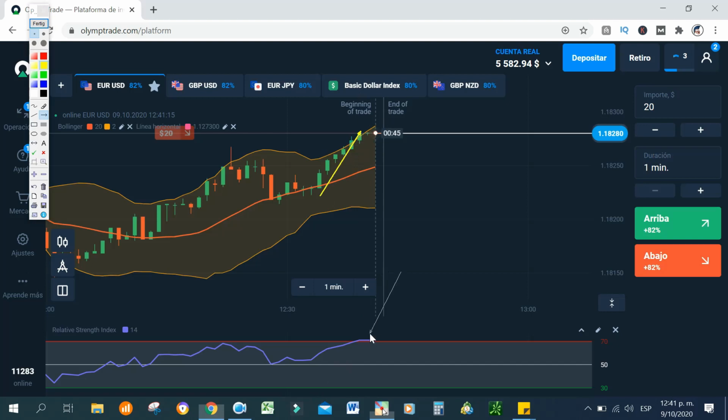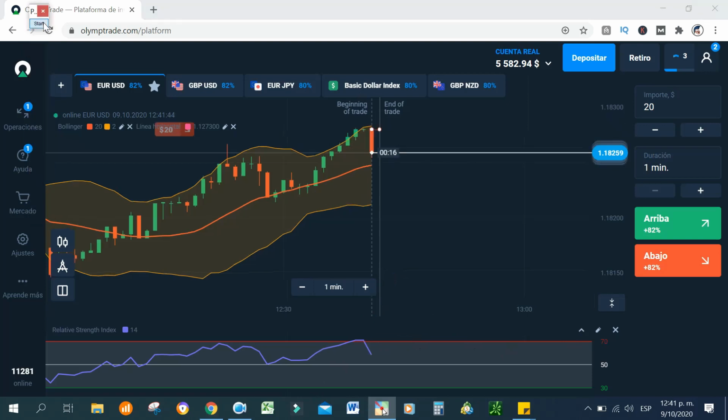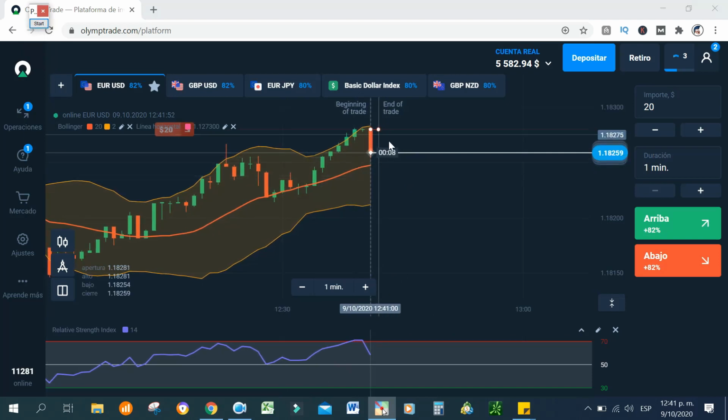The other condition we have is that we have the RSI above the green line, which is overbought zone too. So it's confirming a possible reversal point. As simple as that, guys.